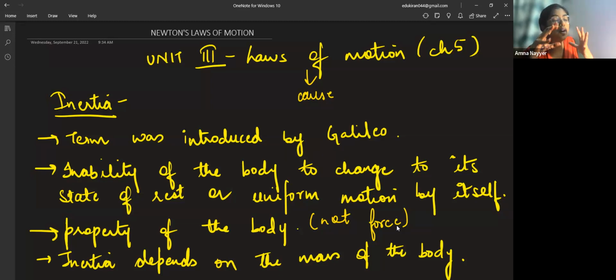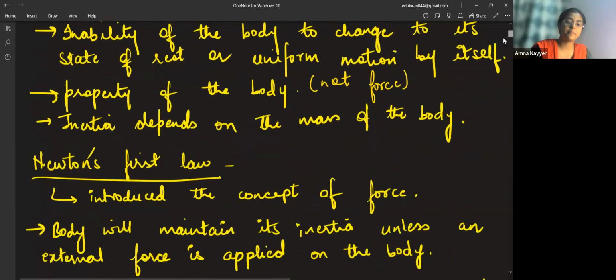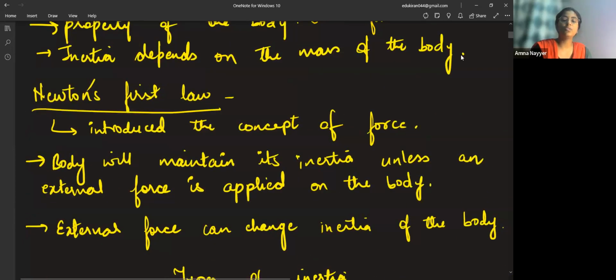And it depends upon the mass of the object. If your body has a little mass, inertia will be less. If the body has a lot of mass, a bigger object, then inertia will also be more accordingly. These are a few basic points of inertia. Now types of inertia are different. Before coming to types of inertia, Newton's first law is about inertia only, the concept of force.